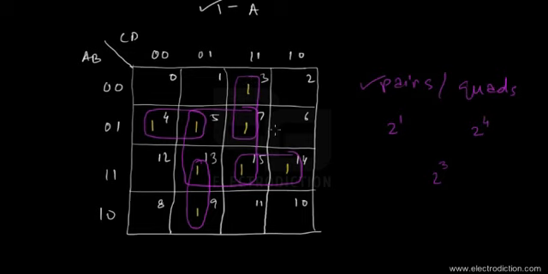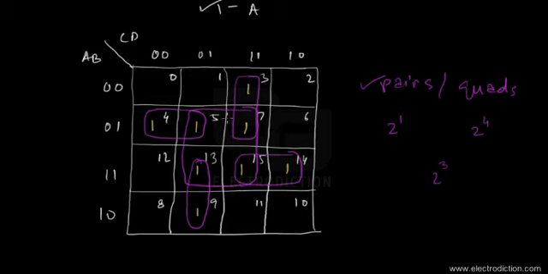Now I'm just going to introduce you to certain terms over here. Now you can see that for the pairs of groups constituted by the cells 3, 7, and then 4, 5, and then 13, 9, and 15 and 14, for all these groups of 2, or rather the pairs that have been formed over here, you have at least a single cell that cannot be grouped with any other ones present around it, okay.